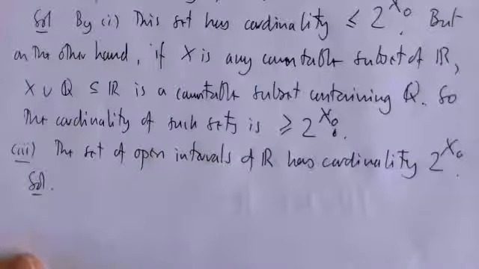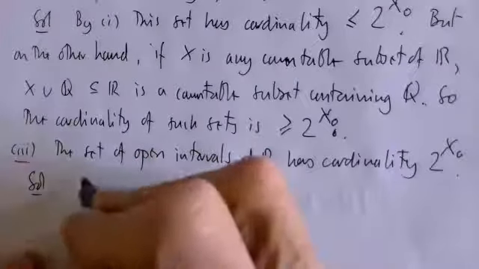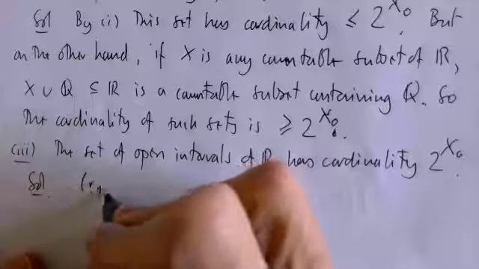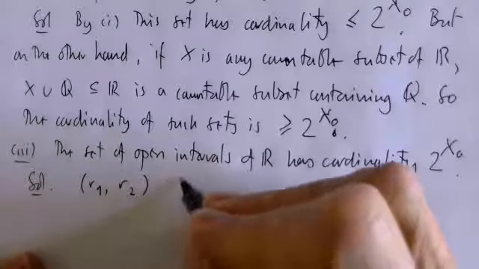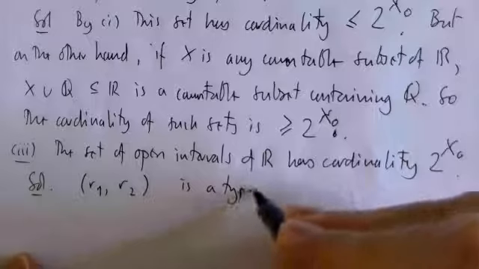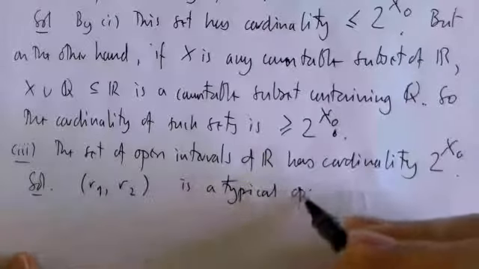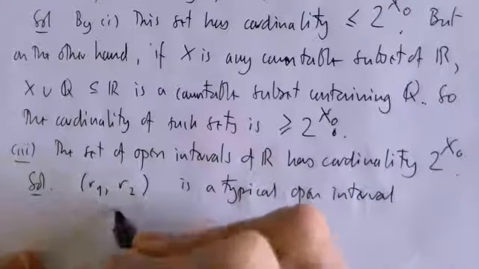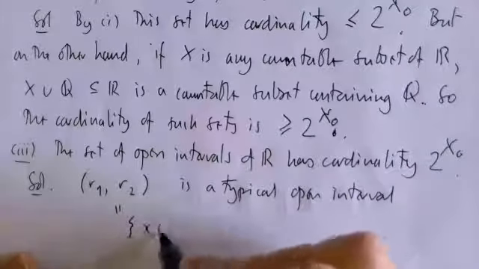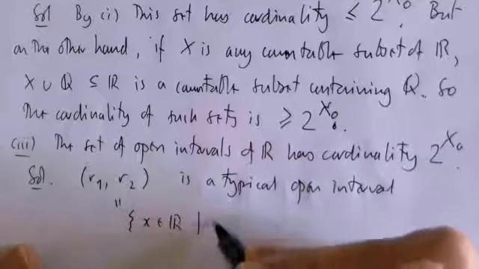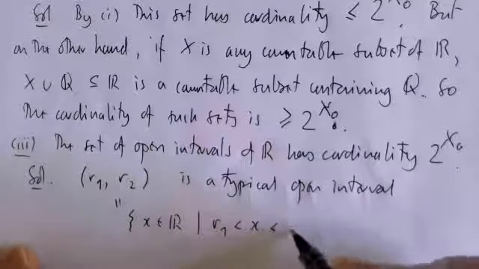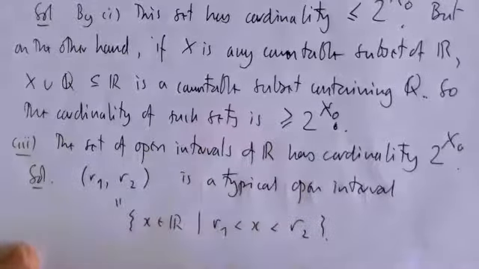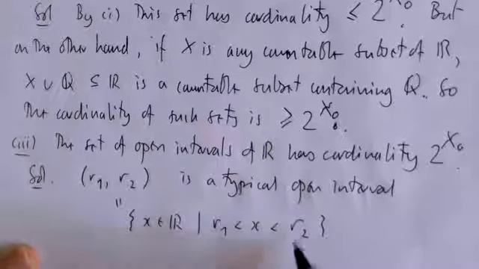Well, what are we talking about? An open interval is just something that looks like this. By this, I just mean the collection of x's in R which are between R1 and R2. And these are typical real numbers.